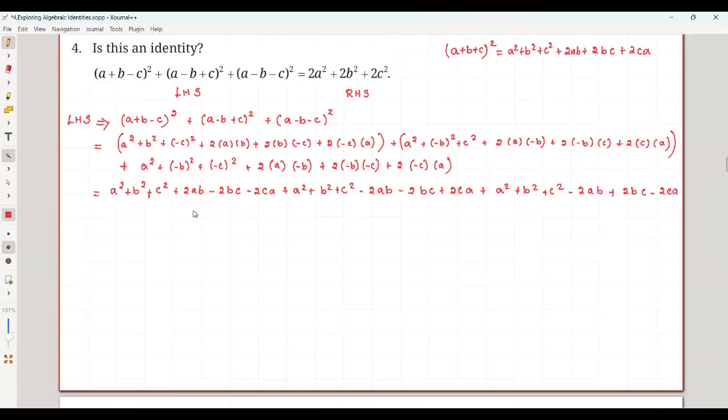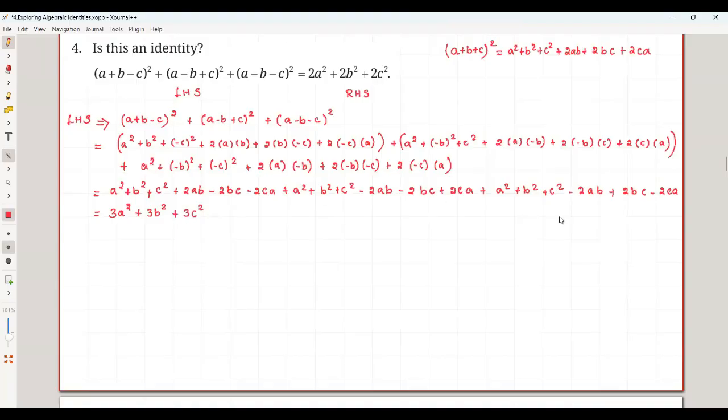Now we have to check how many times a square: 1, 2, 3, so 3a square. How many b square: 1, 2, 3, so 3b square, plus 3c square.